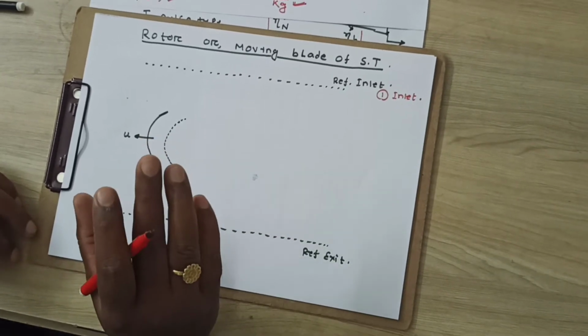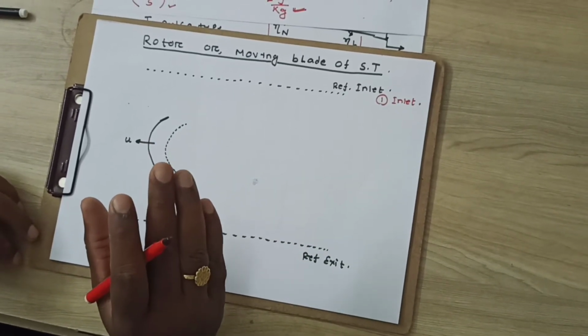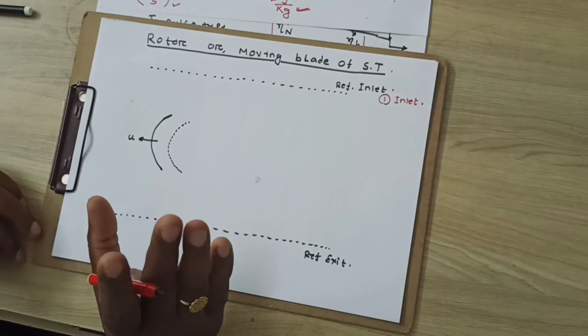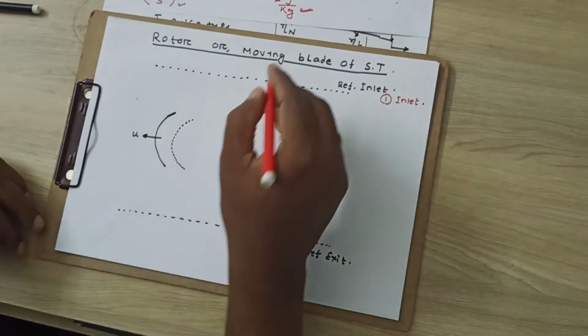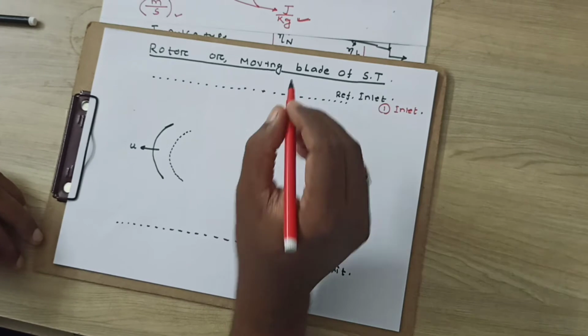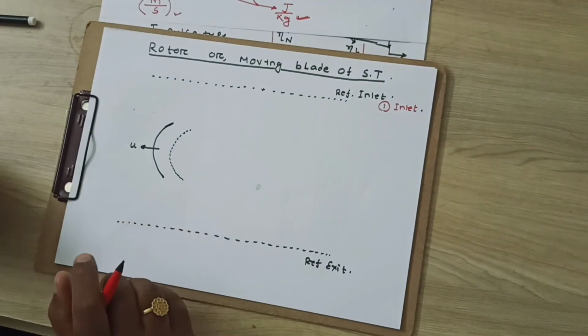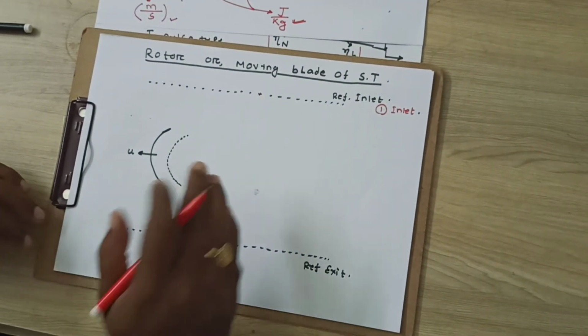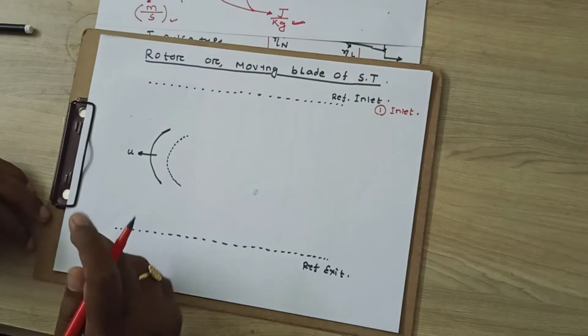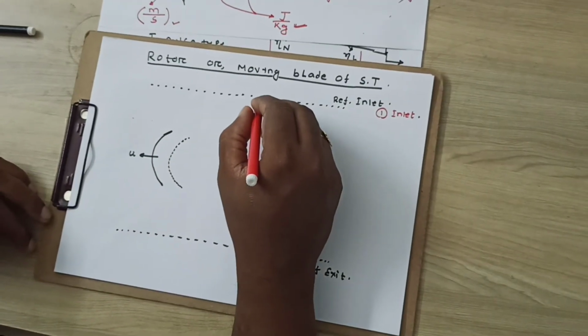So the absolute velocity of the incoming jet has two components, the whirl component and the flow component, which I will show you.